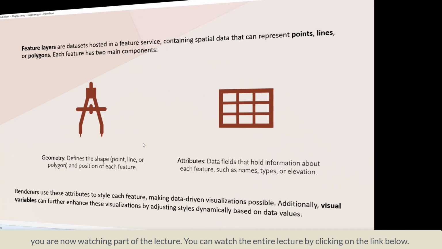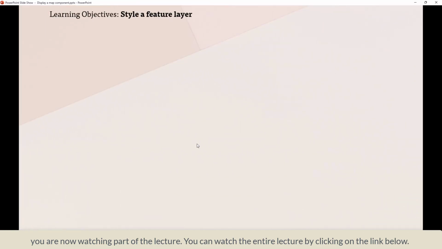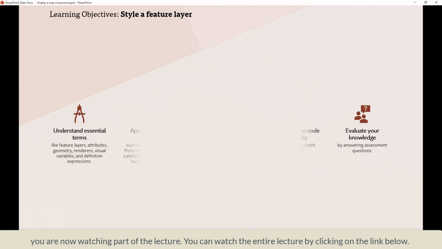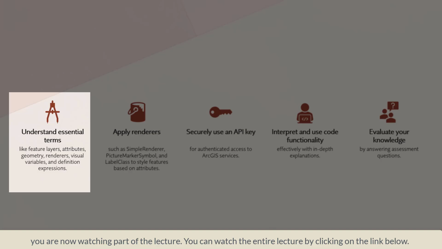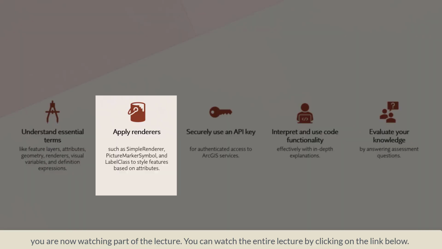Learning objectives. By the end of this lesson, you should be able to: 1. Understand essential terms like feature layers, attributes, geometry, renderers, visual variables, and definition expressions. 2.